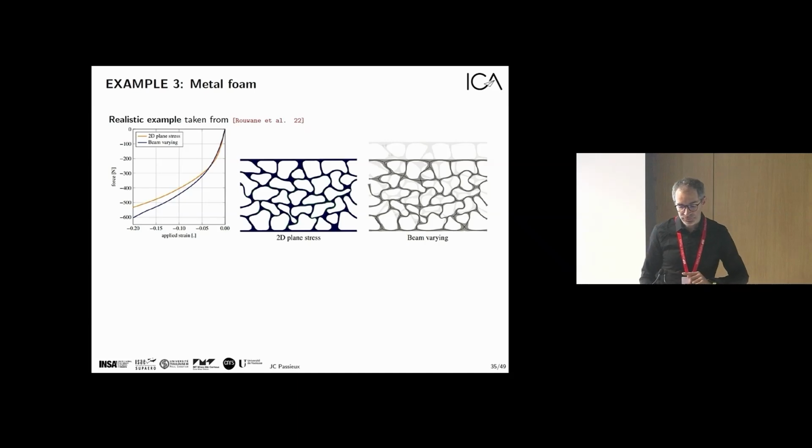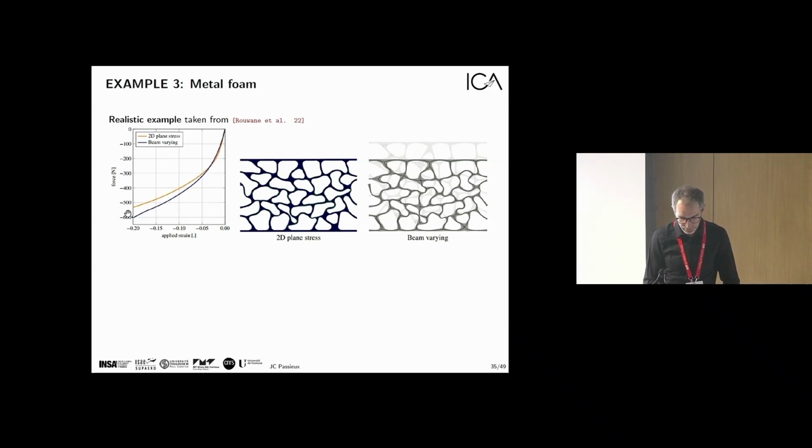Again, we compared the very light beam model on the right with a classic 2D plane stress analysis with marching cubes or marching squares in this situation. Again, it's a nonlinear analysis under compression. The results for the first 5% of deformation are not so bad.